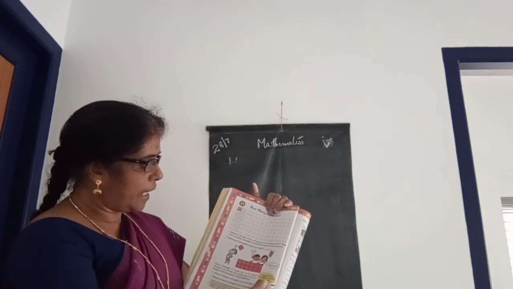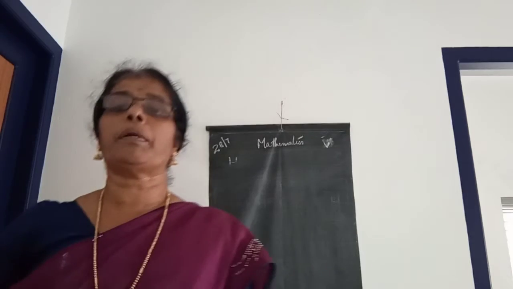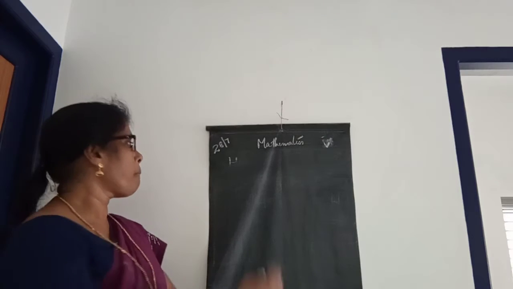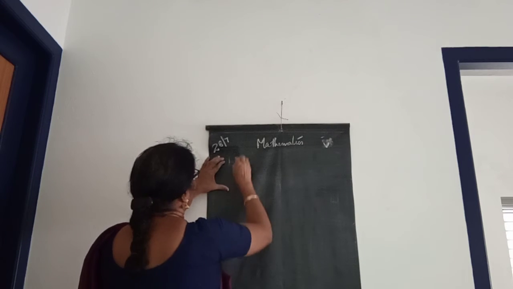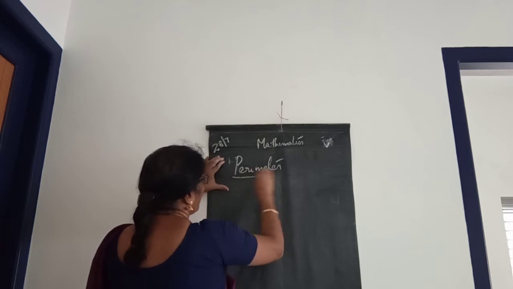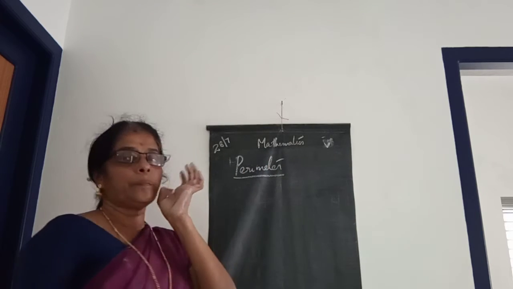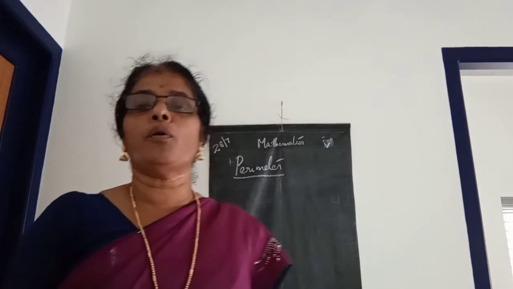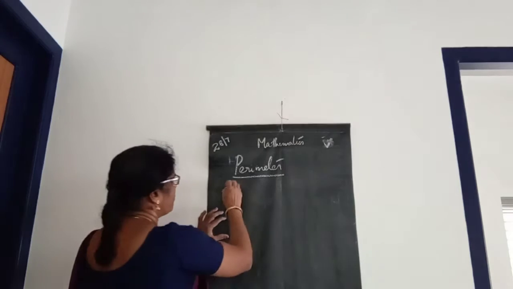Here, look here. Length of the boundary is called perimeter. What is perimeter? Length of the boundary is called perimeter.